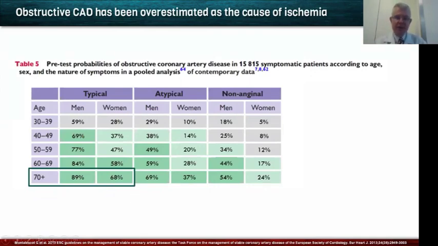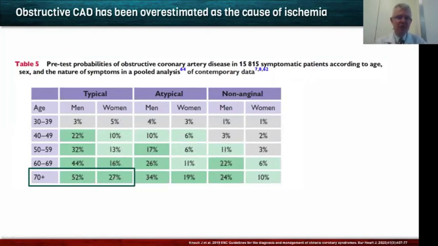Now look at the same numbers from the same table in 2019, published in 2020. So now the numbers drop significantly. Now if you have the same man with typical angina over the age of 70 years old, we don't have an 89% probability of having obstructive CAD, but 52%.